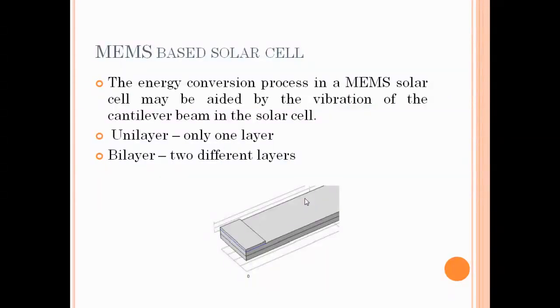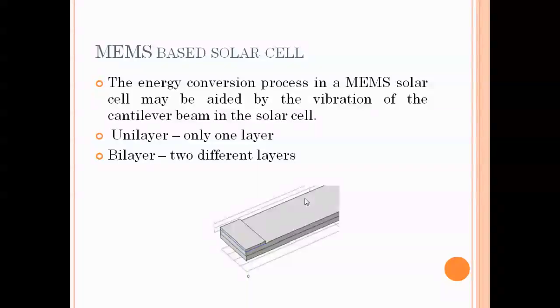Here is the MEMS based solar cell I have shown. In order to convert electricity from solar energy, the cantilever structure is a very good platform, as it generates mechanical vibrations.